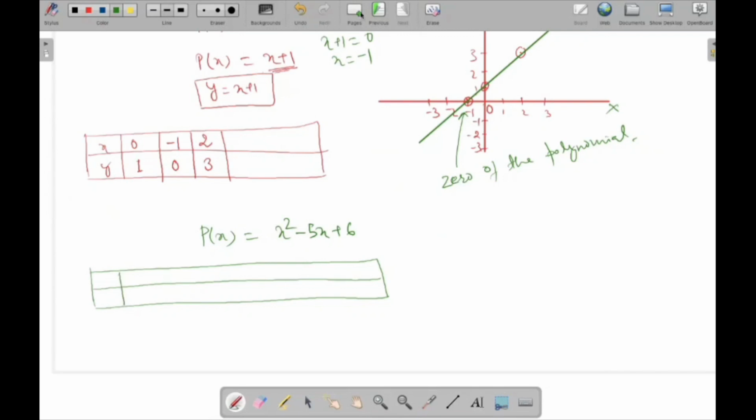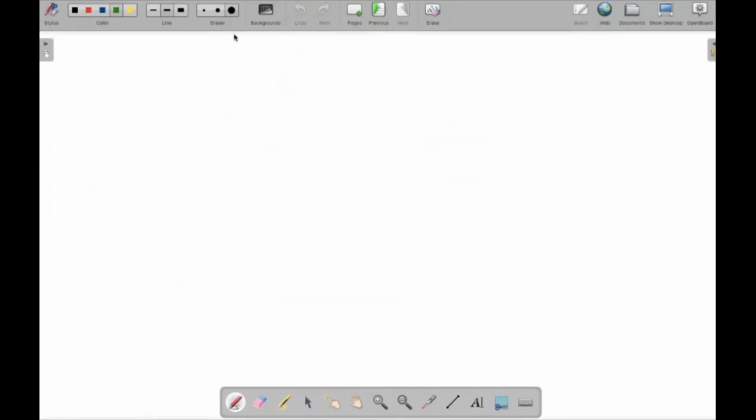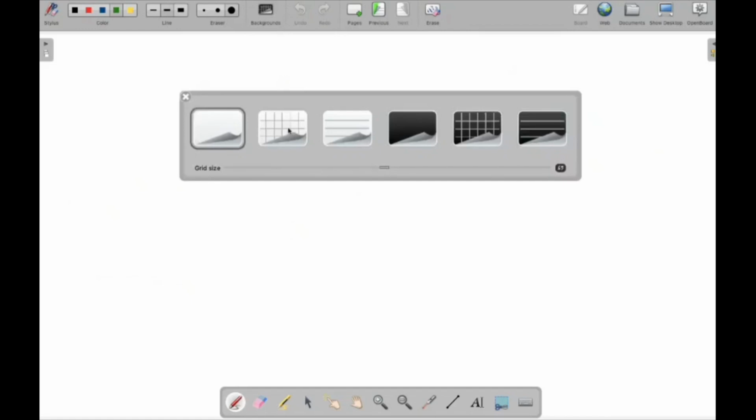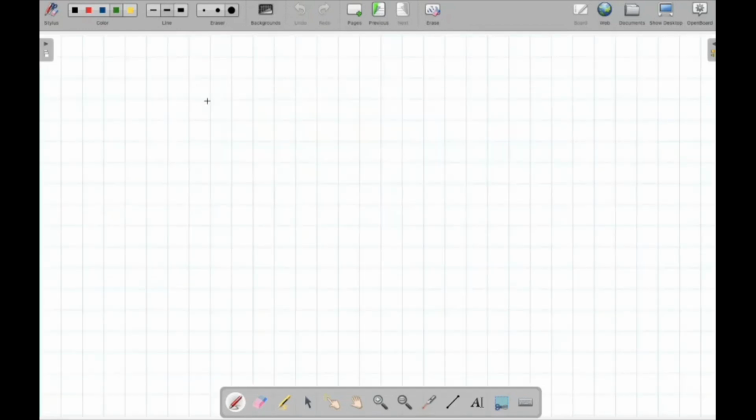So let's go to the next page and do this. Let's use this form, where p(x) equals x square minus 5x plus 6. What I'm trying to do is get the different values.